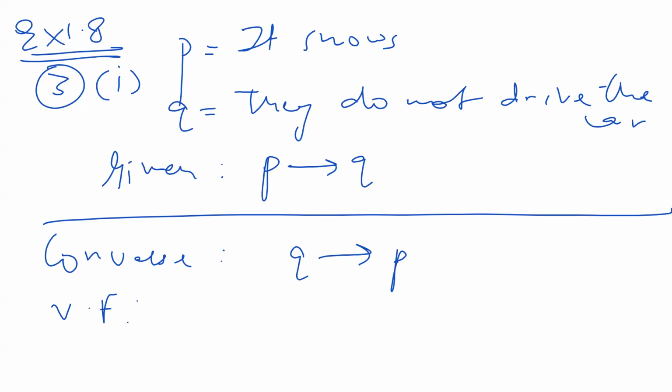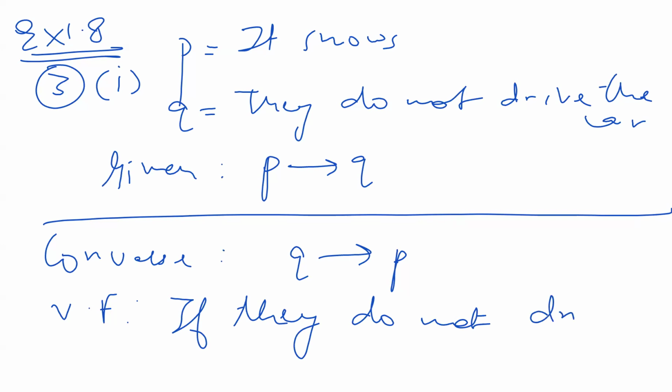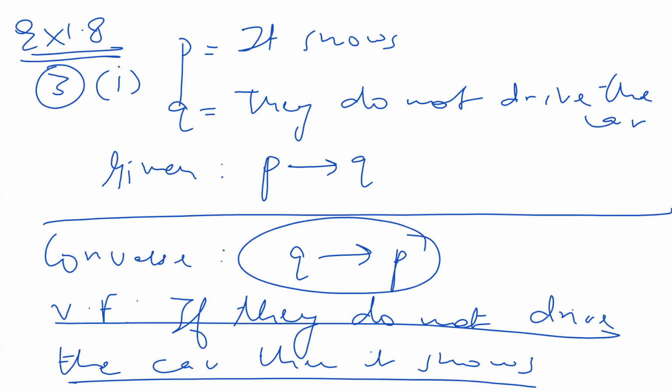No, no, no. If Q then P. Q came first: if they do not drive the car, then it snows. Correct. Converse, you should write down the formula and the verbal form.